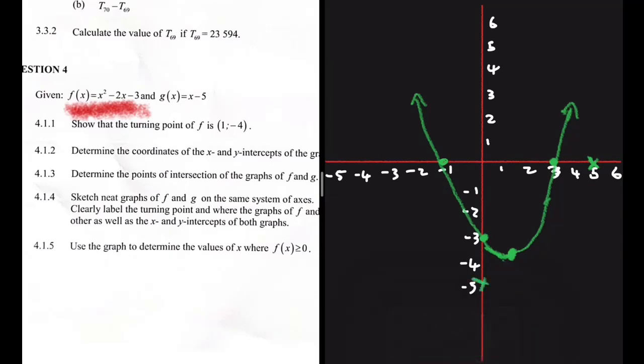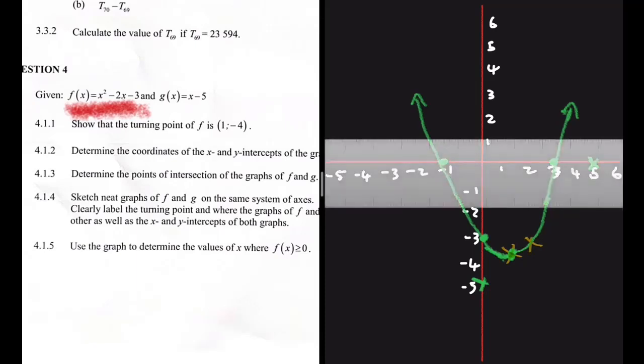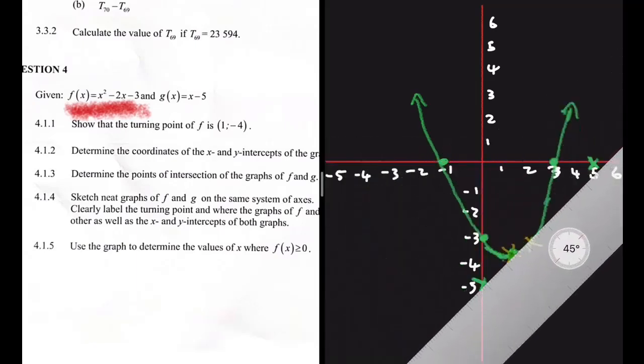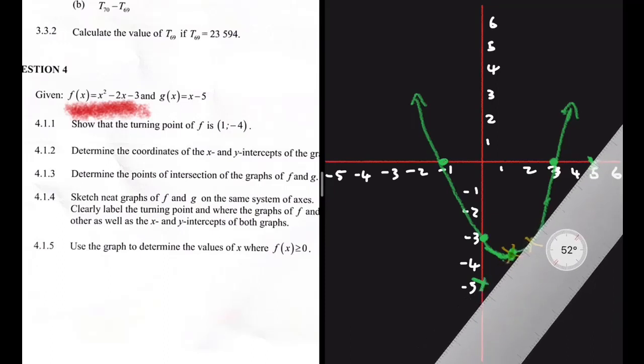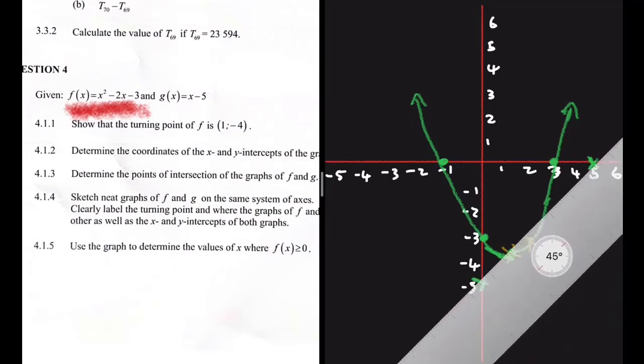And then our two graphs intersect once at the turning point of f, and again when x is equal to 2 and y is equal to -3. So somewhere here they intersect again. So let me try to make that make sense. We're supposed to have a line that will go through these 4 points.